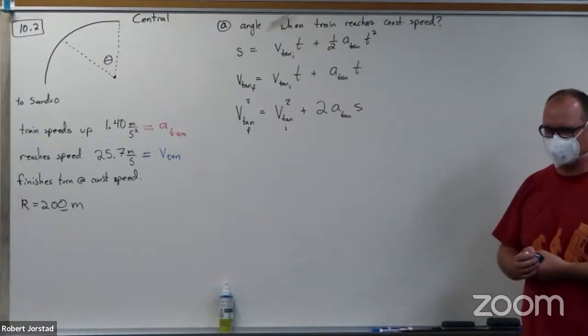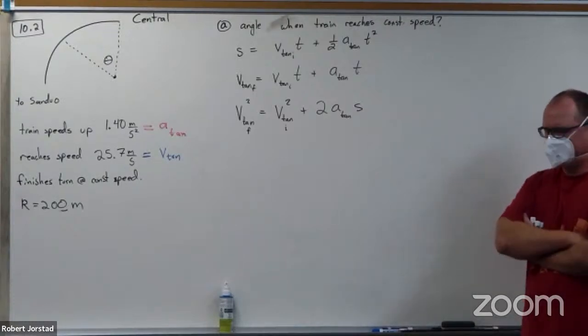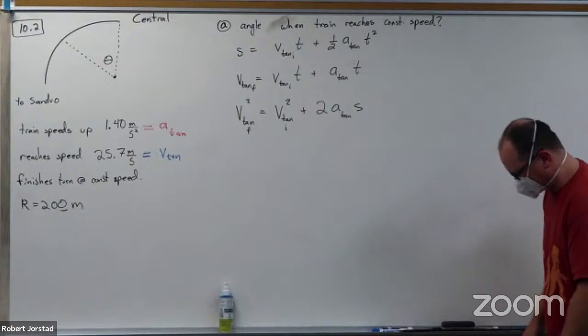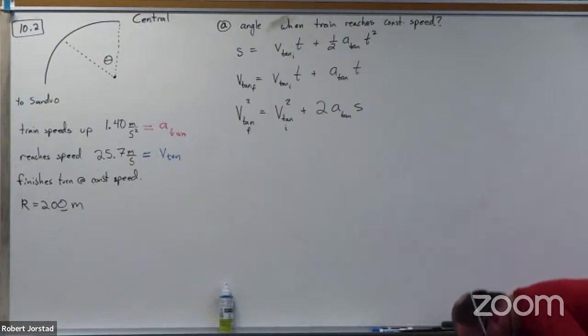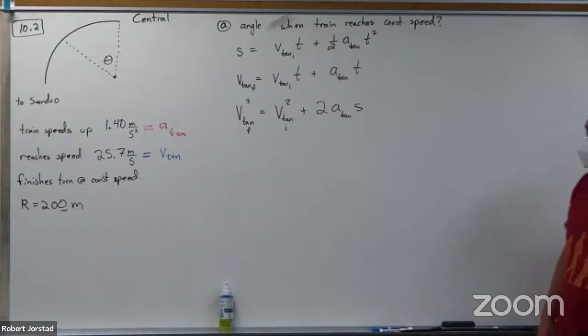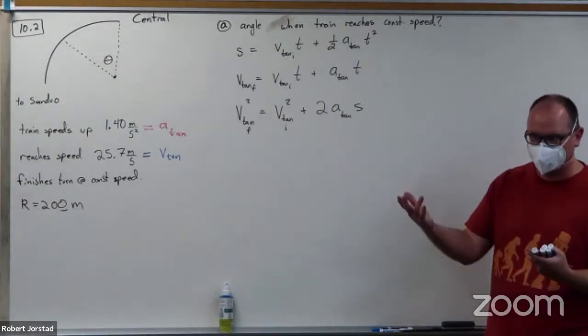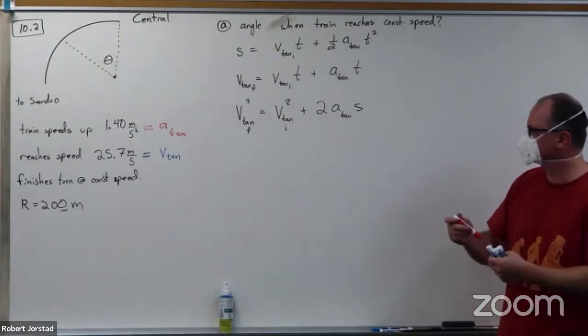How does this help us find the angle? I claim that was a good idea, but I don't know if you see why yet. So I'm curious if you could tell me why this is a good idea. What's something we could figure out? Maybe we could check the knowns and unknowns.